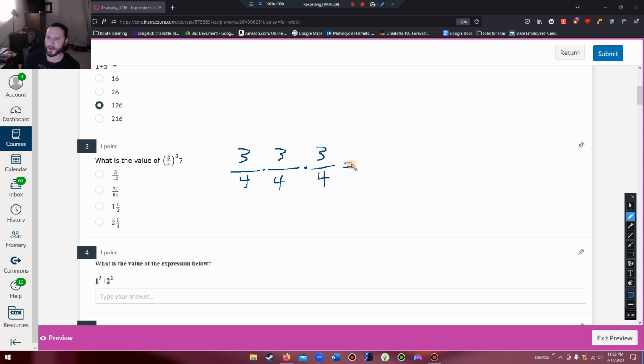When you're multiplying fractions, it's just 3 times 3 times 3. So 3 times 3, sorry, would be 9, and then 9 times 3 gives me 27. And then for the denominator, we have 4 times 4, which is 16, and then 16 times 4, that's going to give me 64. Now, normally you would try to simplify this, but I can see that this is an answer choice, so no simplifying.